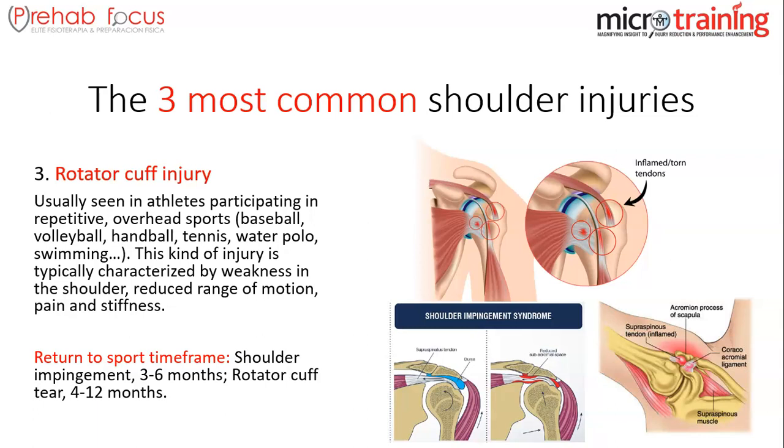In the top picture over here, we can see inflamed tendons that can become torn if the pressure on them is high and long enough. Down here we can see shoulder impingement syndrome. It happens when there is impingement of tendons or bursa in the shoulder from the bones of the shoulder.